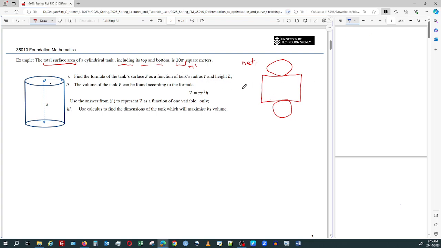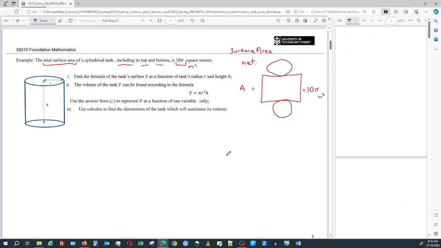And it says the total area of this particular one, that's the surface area. So I could write up here surface area net, couldn't I? Surface area net, and we're told 10 pi metres squared.